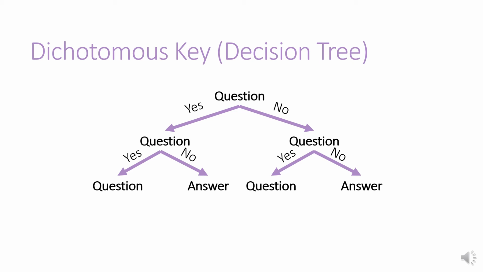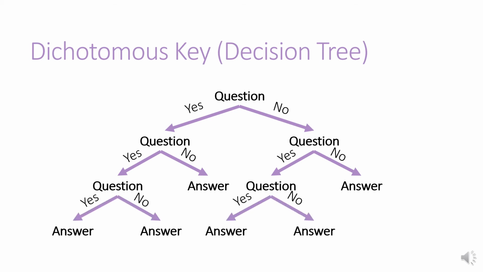Depending on the answer to that new question, we go into new directions. Maybe to a third possible question, or maybe to an answer. If the answer to a question leads us to another question, well, it's typically only going to have two possible answers as well: yes, no, true, false, etc. At the end of the process, we should come to some point where we have an answer.